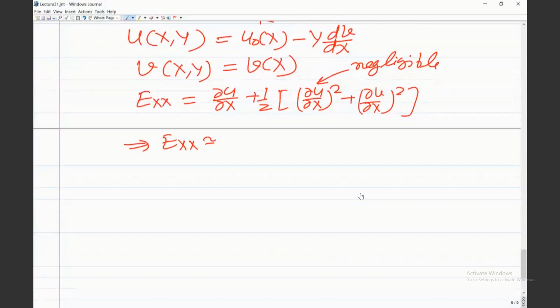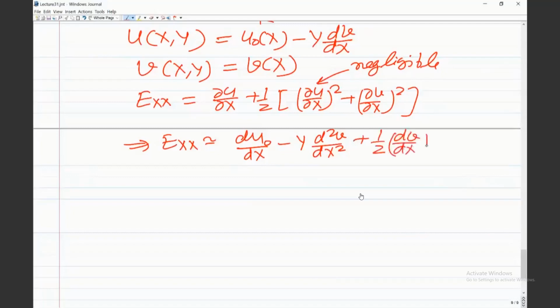So then you can write this Exx as du naught by dx. Now, u naught is only a function of x, so I am writing the total derivative, minus we have y times d2v by dx square. This is the linear term, and the only nonlinear term would be half of dv by dx whole square. So these are the strain displacement relations you will have. And again, I am assuming that it is linear elastic.